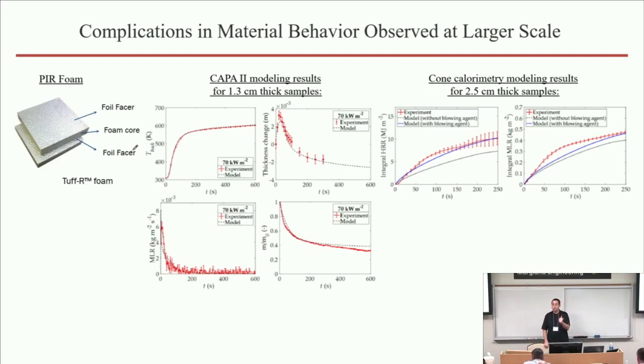First of all, this blowing agent is isopentane, which is a highly flammable gas. The PIR gases have a heat of combustion on the order of 10 to 12 kilojoules per gram, and isopentane is almost 50. Right? So it's 5 times higher in the heat of combustion, and the foam itself is actually not 1,000 times less dense, but it's only 100 times less dense.